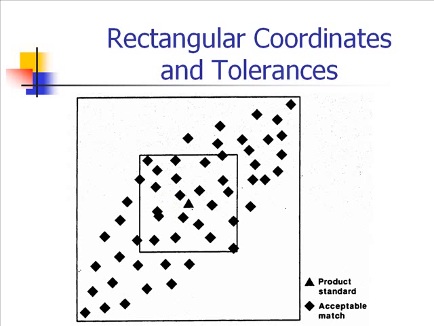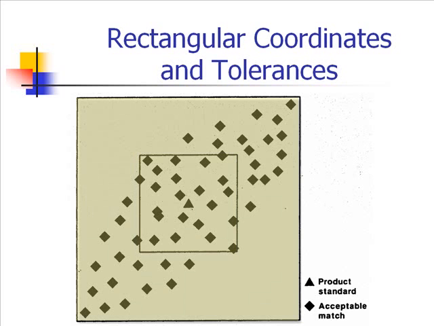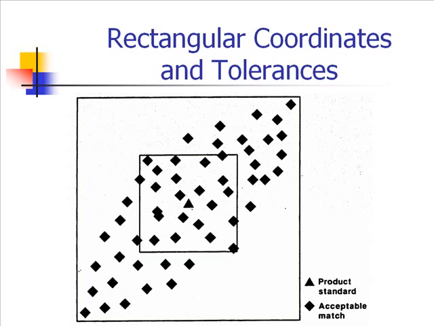We can set the smaller square, or we can set the bigger square. You're the quality control manager. You just got a promotion. You're making big bucks now. Because you make big bucks, you have to make the hard decisions. Which one of these tolerance volumes would you pick for this product? The smaller one or the bigger one? Which one would you pick?